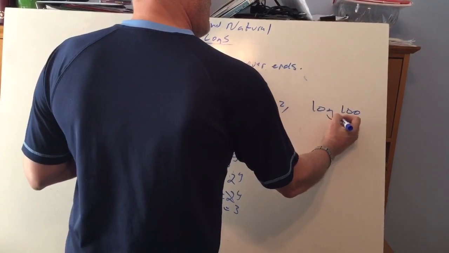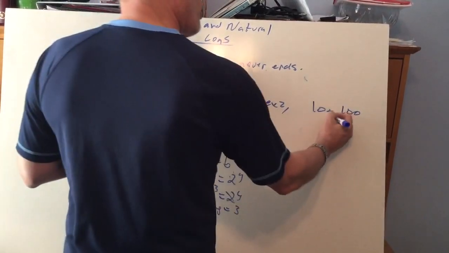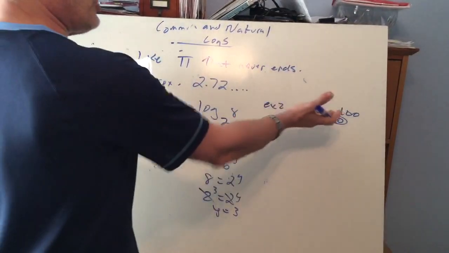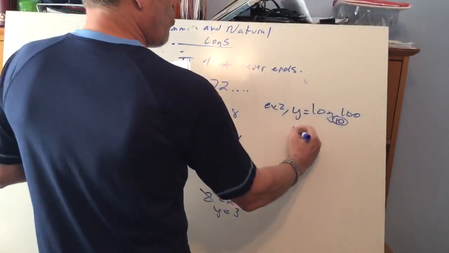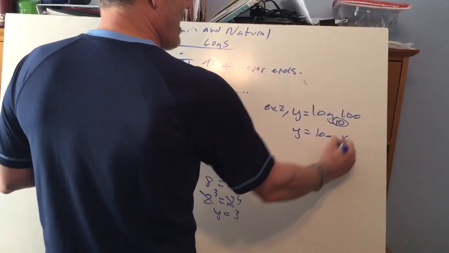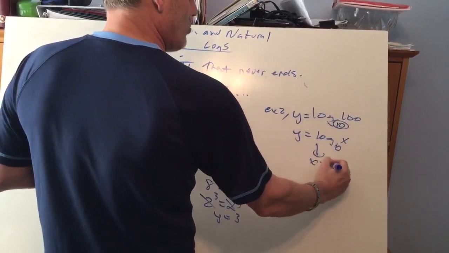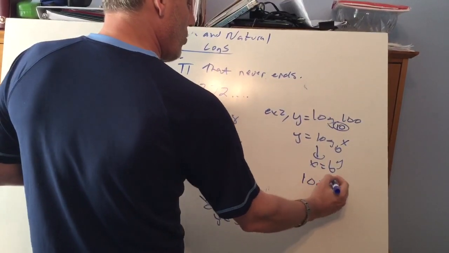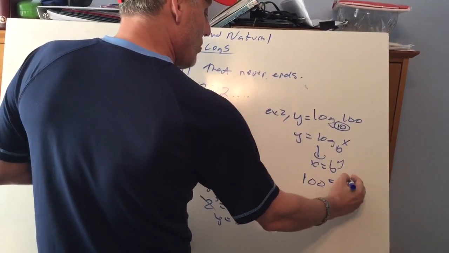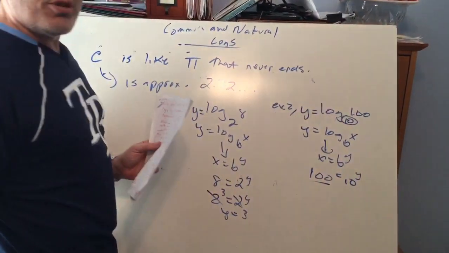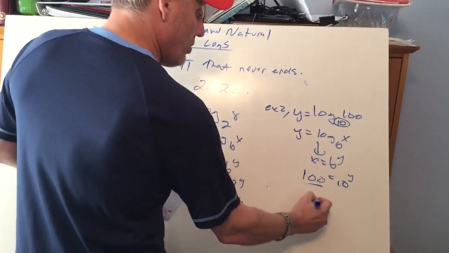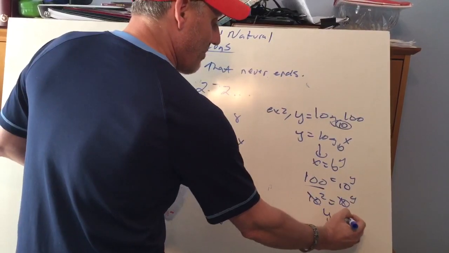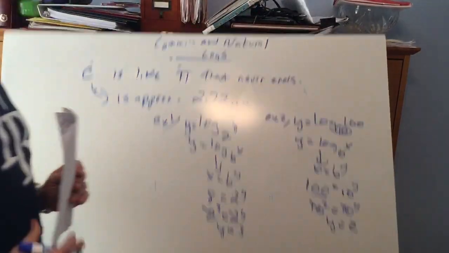So you're going to write the 10 in there, and now it looks like the general formula we give you, y equals log b to the x. You convert it to x equals b to the y. 100 equals 10 to the y, and now we've got to get 100 to the base of 10, which is 10 squared. Your 10's cancel, and y equals 2.